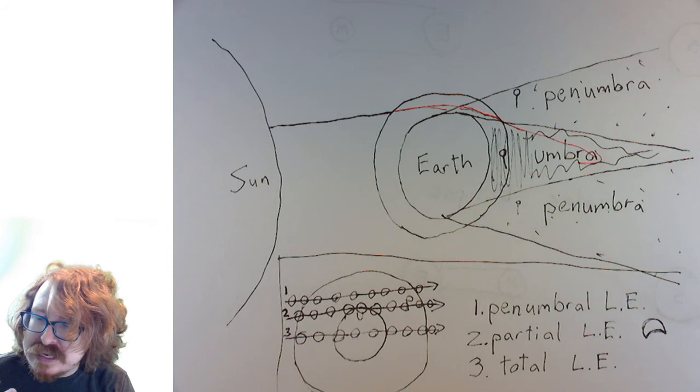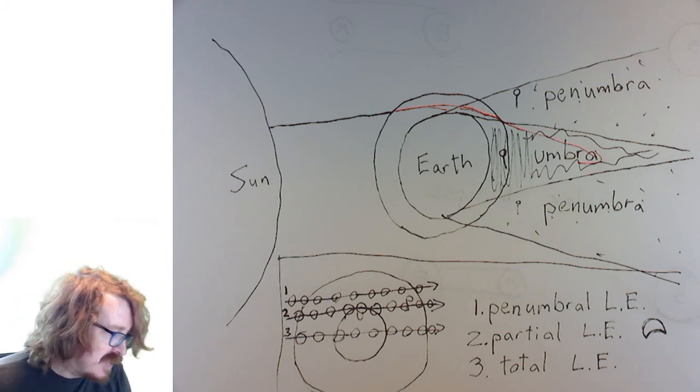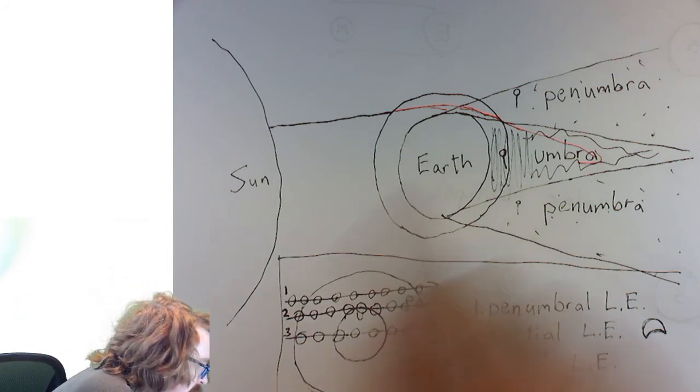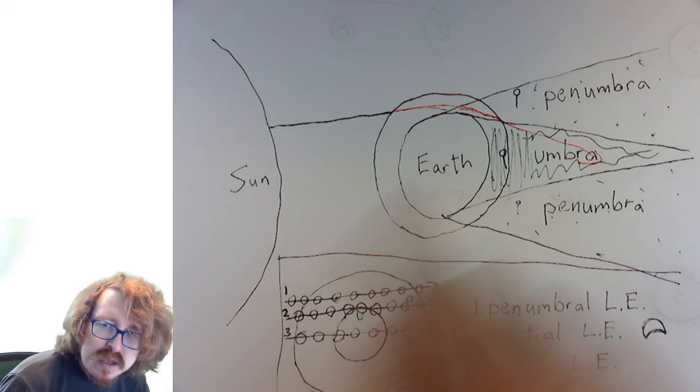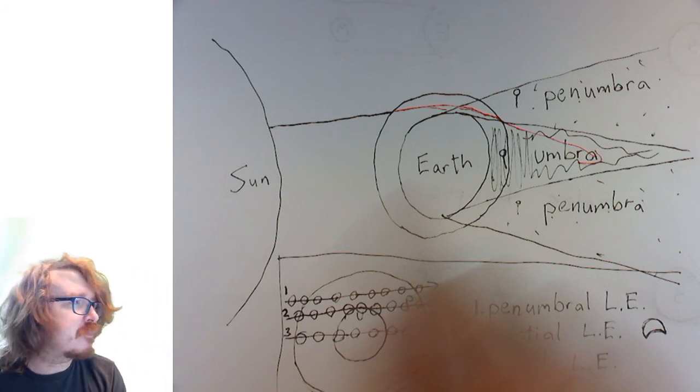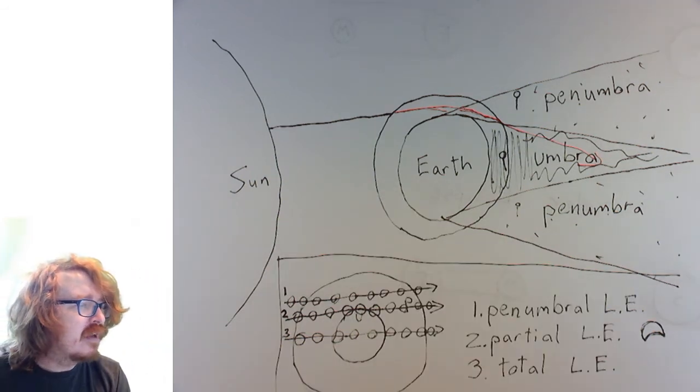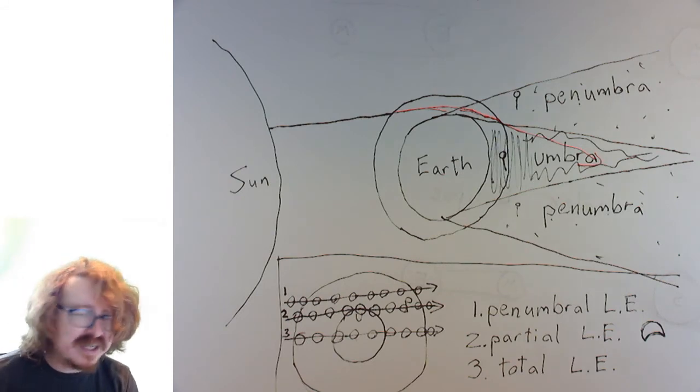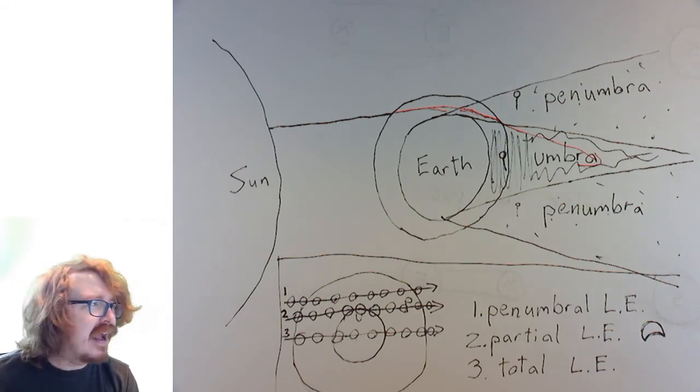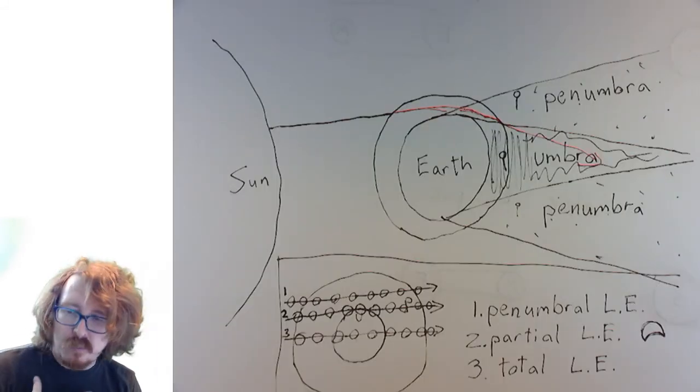And we don't normally notice that because if you're standing on the Earth, that red light is going up into space. It's not hitting you. But when the moon gets in the way, it catches that red light during the eclipse, and that's why we see the total lunar eclipse looking reddish.